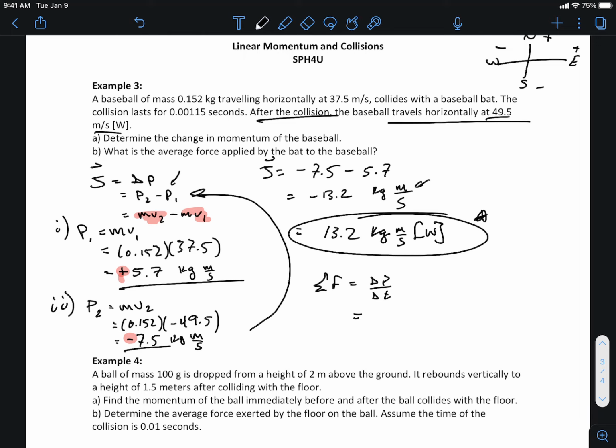And so we're going to have delta P, negative 13.2, over how long did this impact take place? 0.00115, right? And so the average force exerted by the bat on the ball will be 11,478 newtons in the west direction.